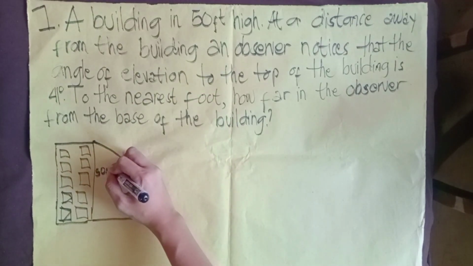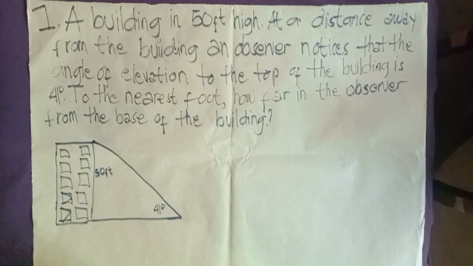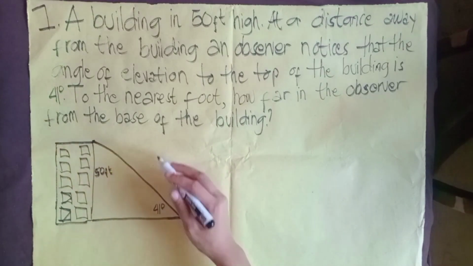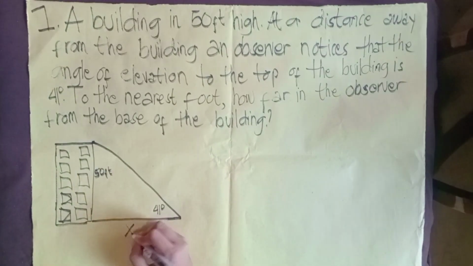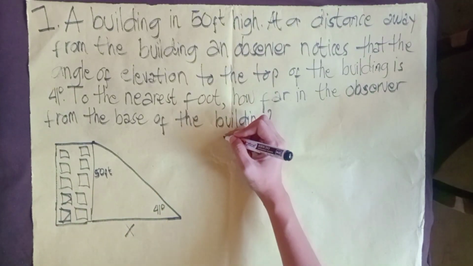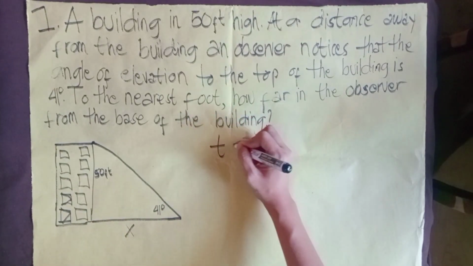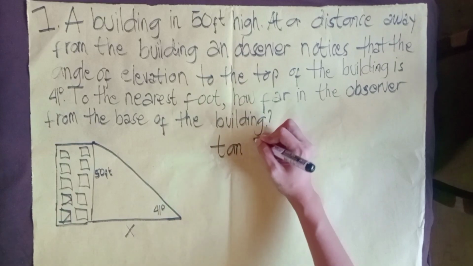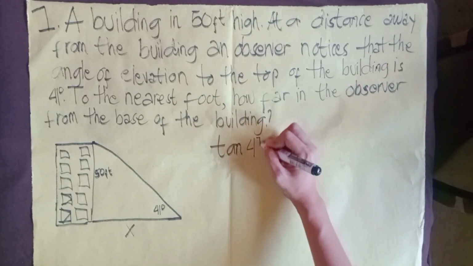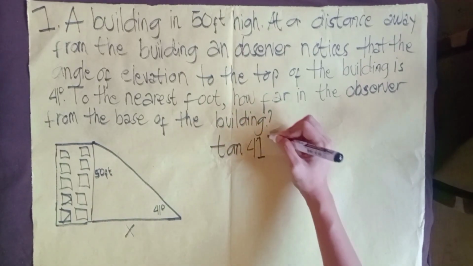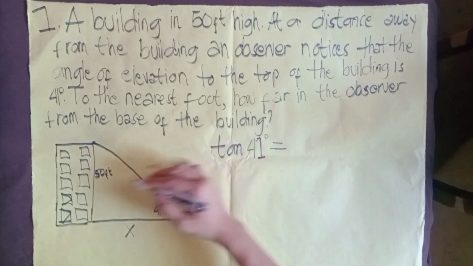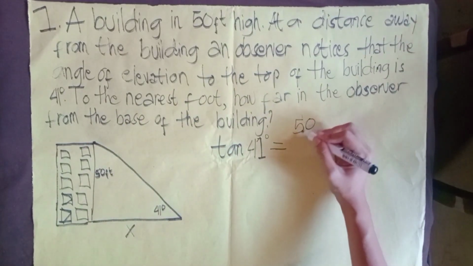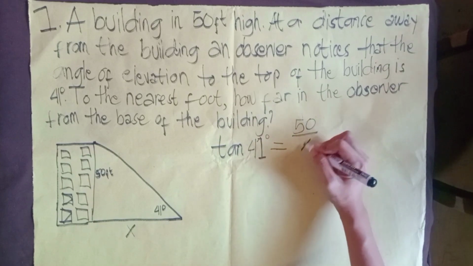And the observer wants to know how far we are from the base of the building. So we have our opposite and our adjacent. So that is tangent 41 degrees equals 50/x.